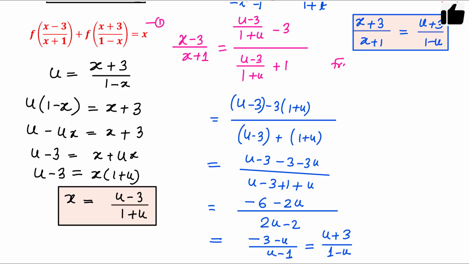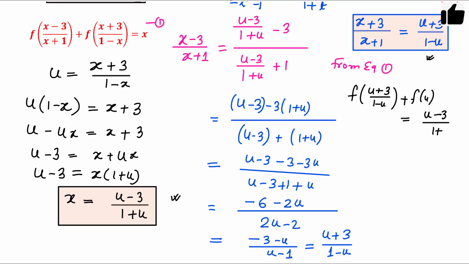So from equation 1 I can say, the first term is f of (x minus 3)/(x plus 1), that is this term, f of (u plus 3)/(1 minus u), plus f of u, and this side you have x. What is x? x is nothing but this term, that is (u minus 3)/(1 plus u).